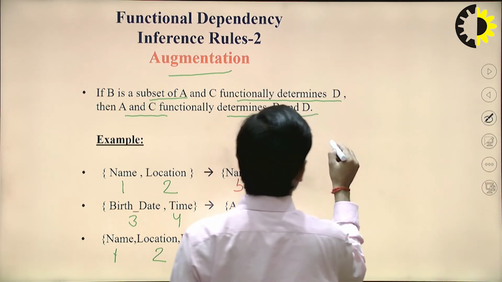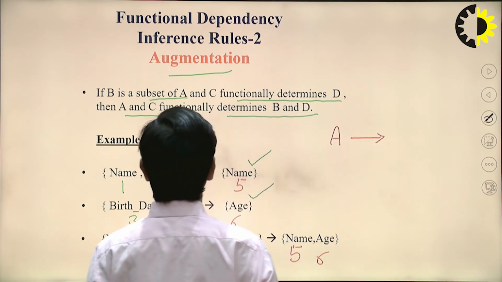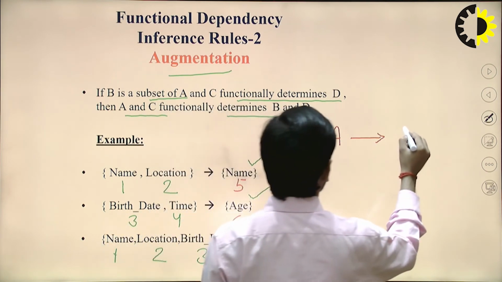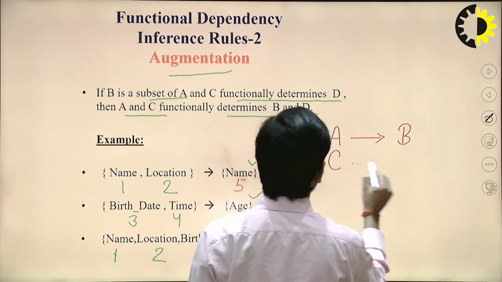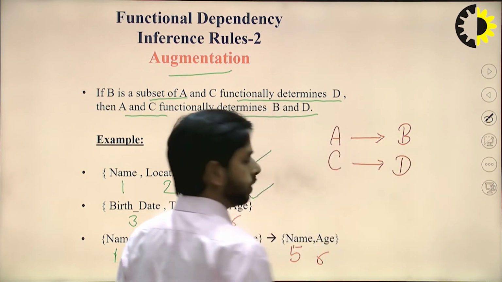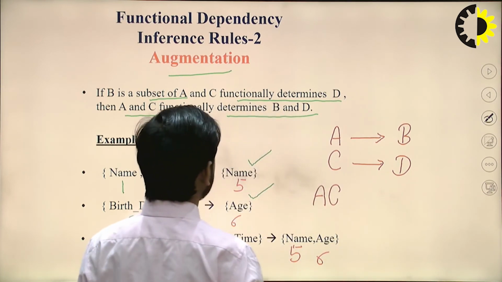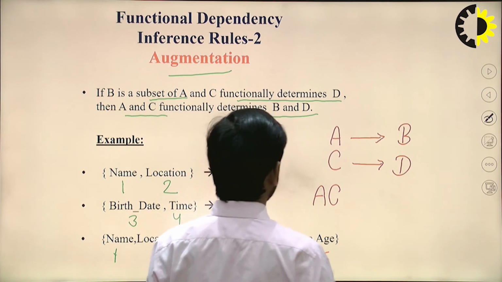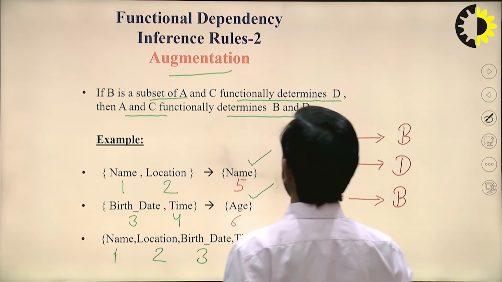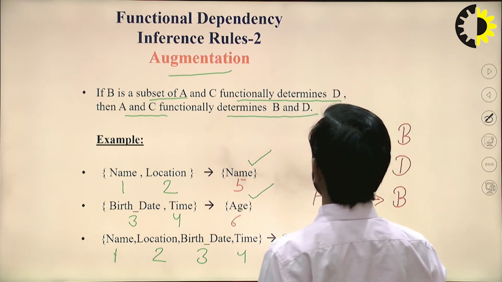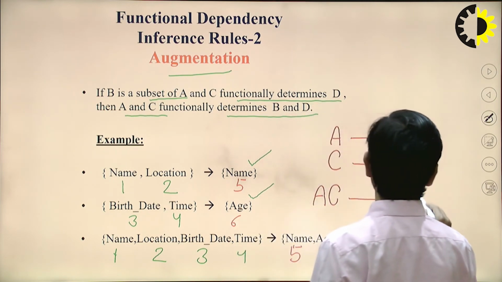So in terms of FD, I can write: if A determines B, and C determines D, then A and C can functionally determine B and D.